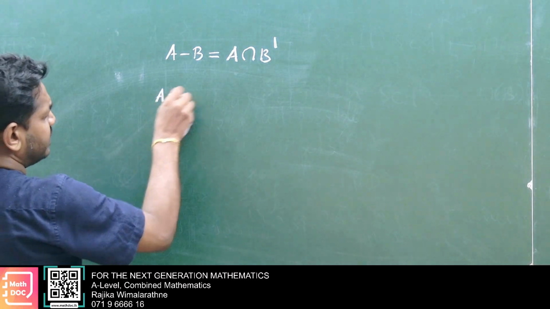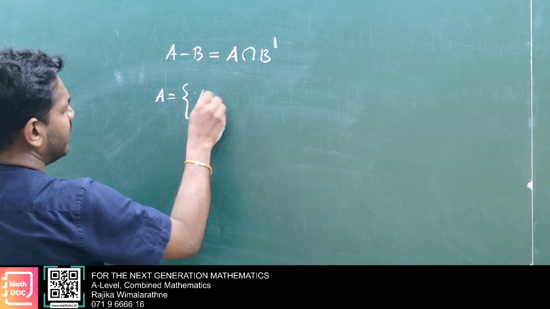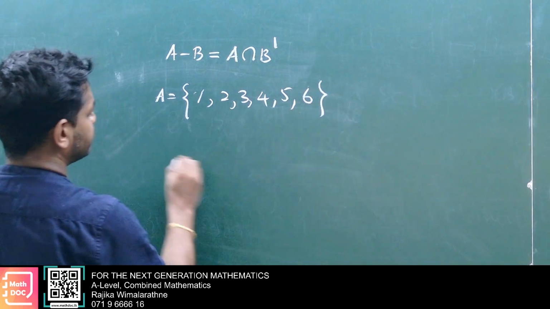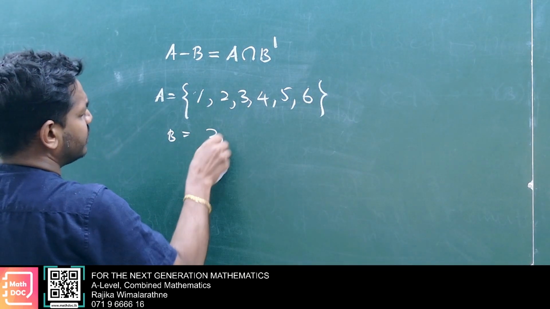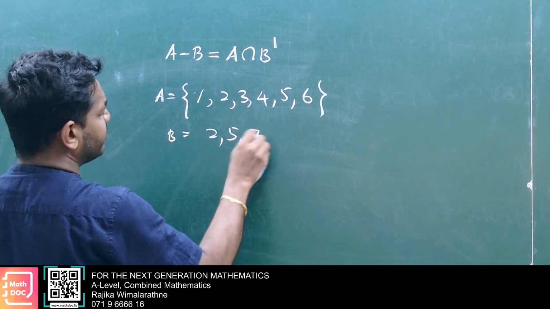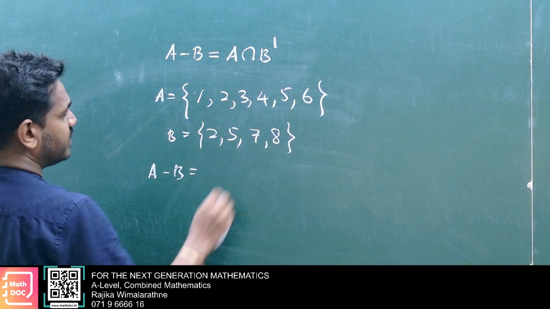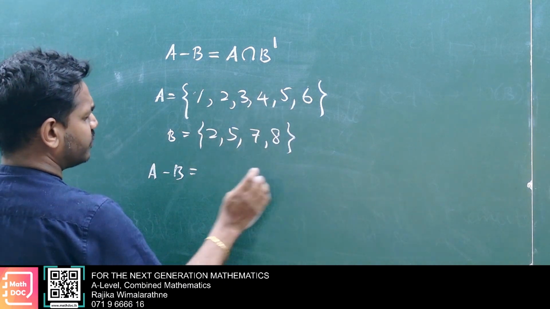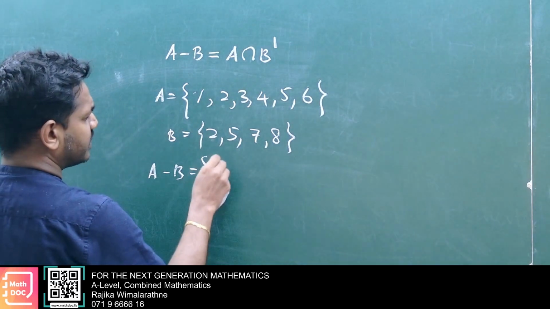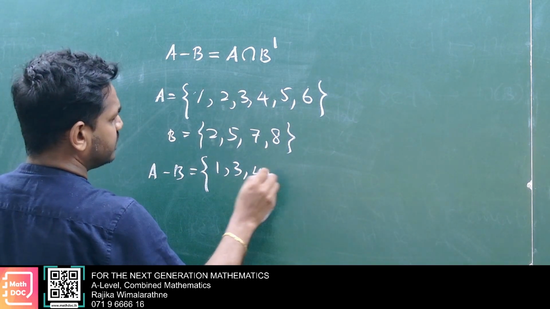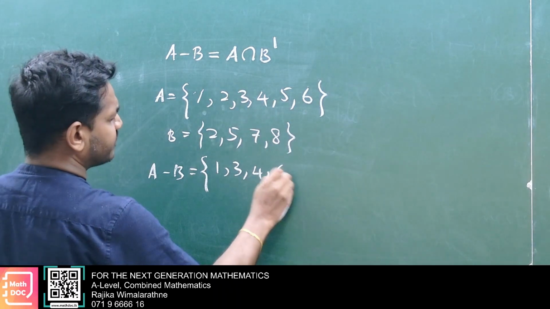Consider set A: 1, 2, 3, 4, 5, 6. Set B: 2, 5, 7, 8. Then A minus B means you take all A and remove common B values. Remove 2, remove 5, then 1, 3, 4, 6.